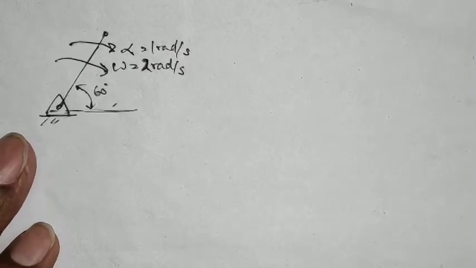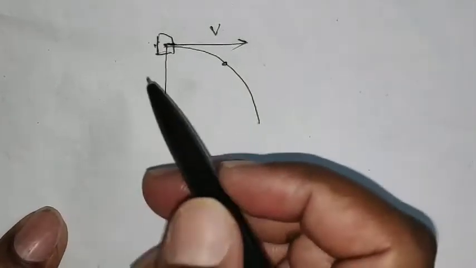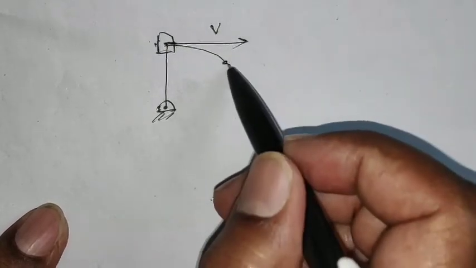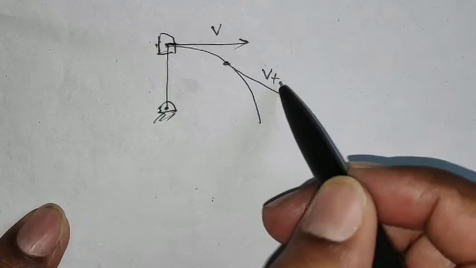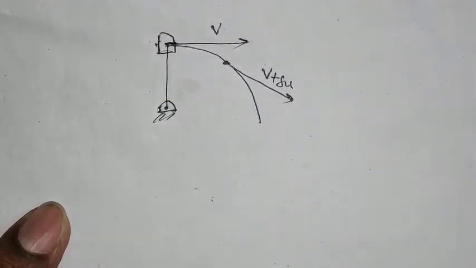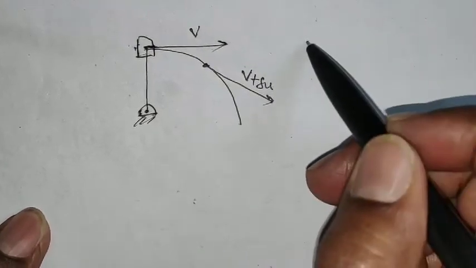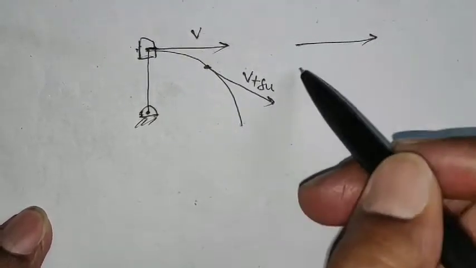Before we actually draw this, whenever a body is rotating about a point like this, and it tries to increase its velocity, so the velocity is increased by a small value, then the vector addition of this can be shown like this.